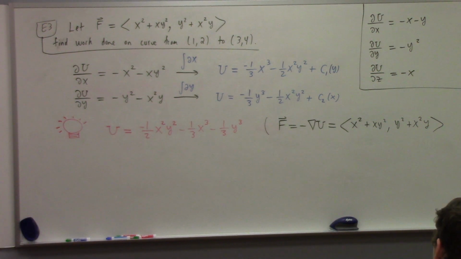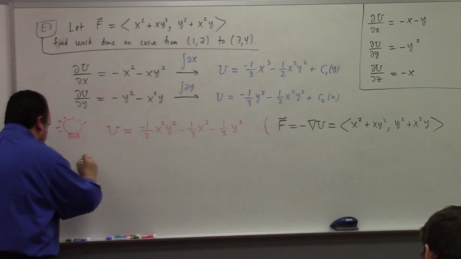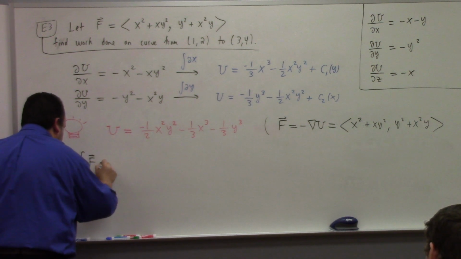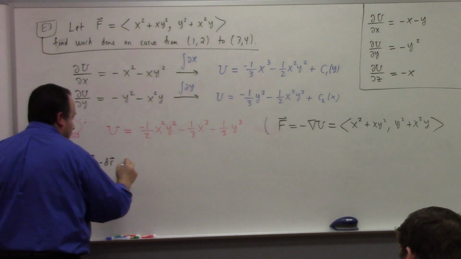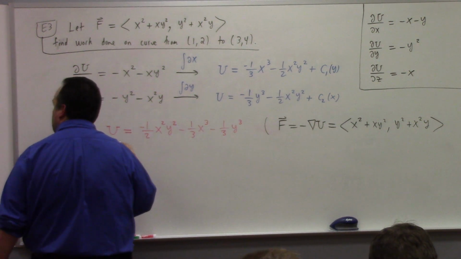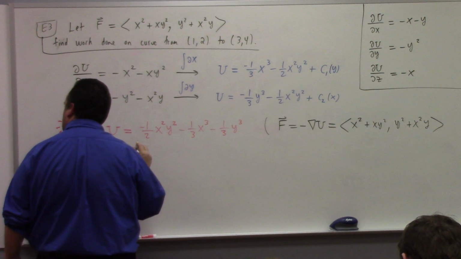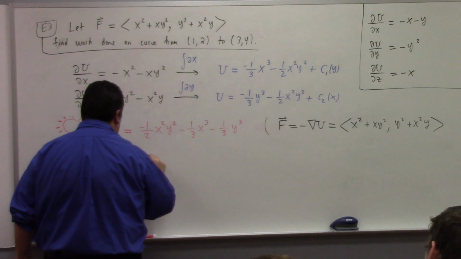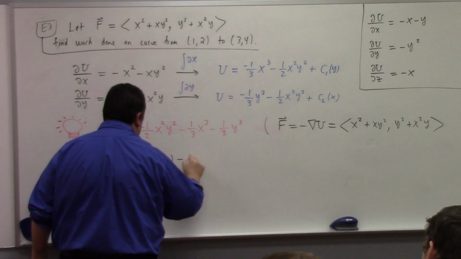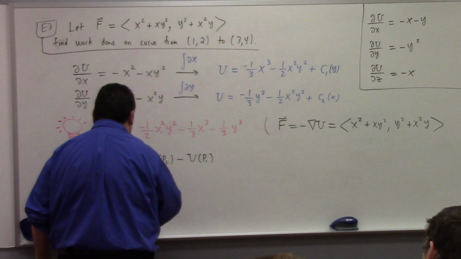Okay, so anyway, what's the work done? So all we've got to do is calculate, how's it go here? Minus u of P2 minus u of P1. What were P1 and P2 in this context?